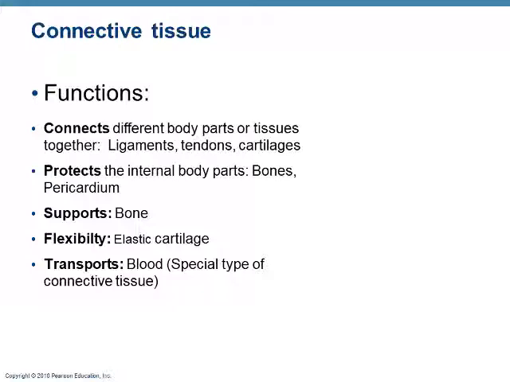Connect, right? Ligaments connect one bone to another. Tendons connect muscle to bone. That's the difference between tendon and ligament, okay? Tendon connects muscle to the bone. And ligaments connect bone to bone, right? Cartilages connect the bones, you see here.